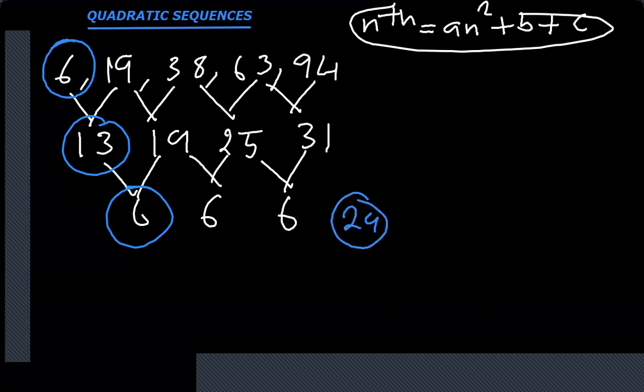The first difference will be equated to 3a plus b. And then the first term will be equated to a plus b plus c.